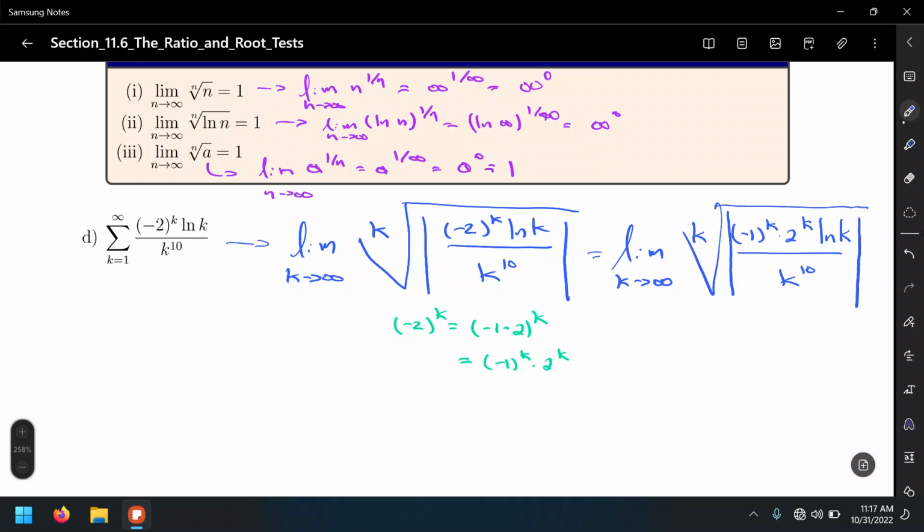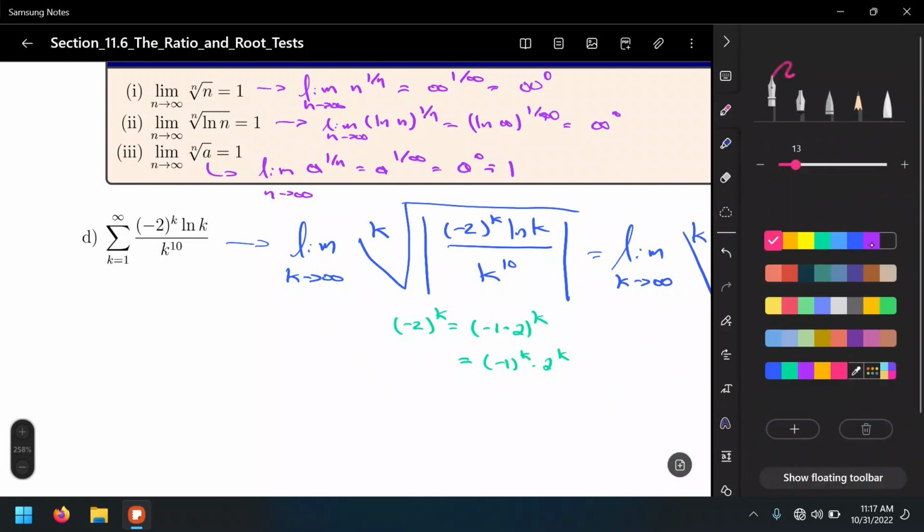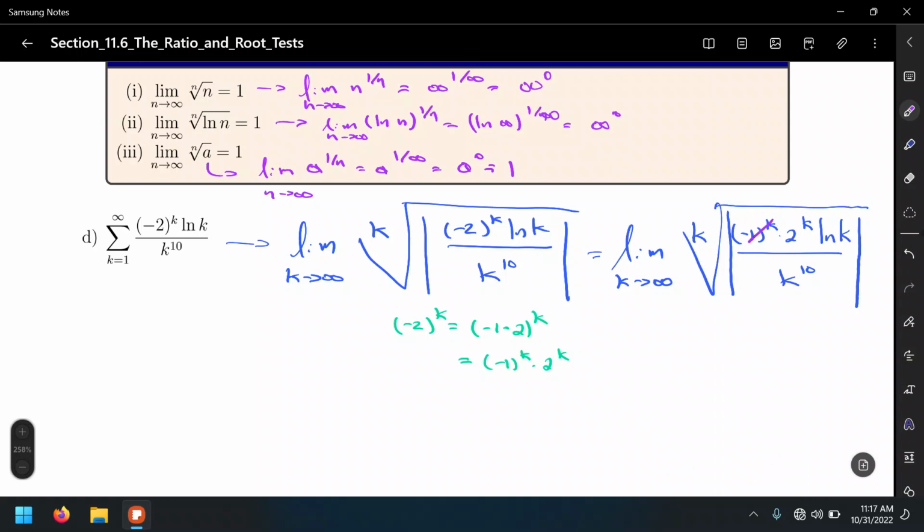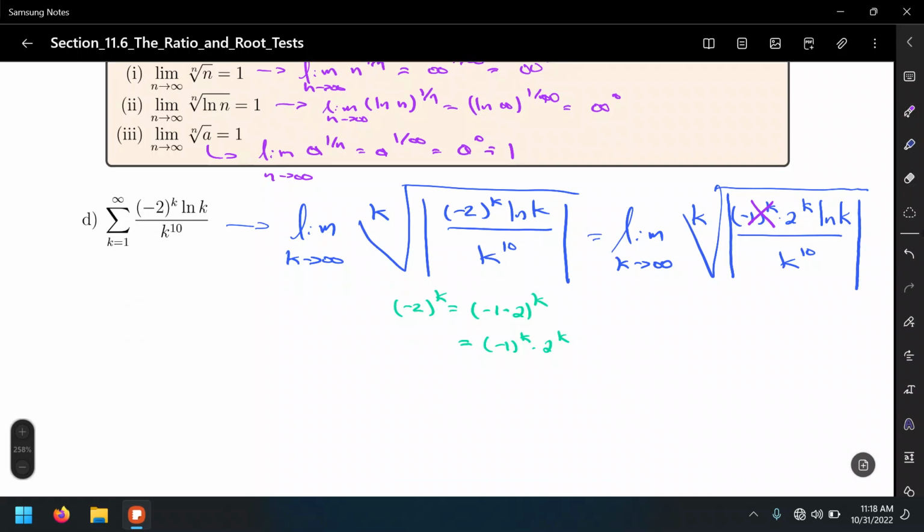In this case, these absolute value bars will be used to cancel out this alternating factor, because negative 1 to the k will output negatives and positives. Those absolute value bars will turn all those negatives into positives.